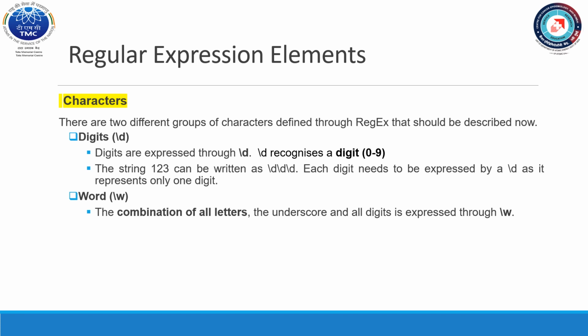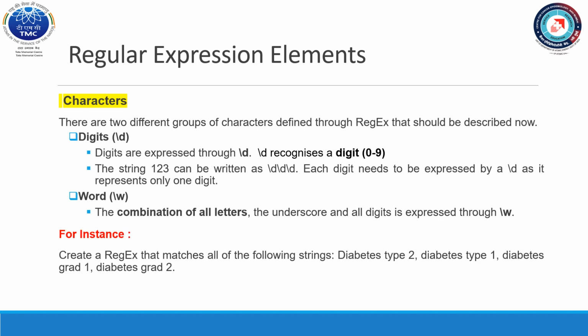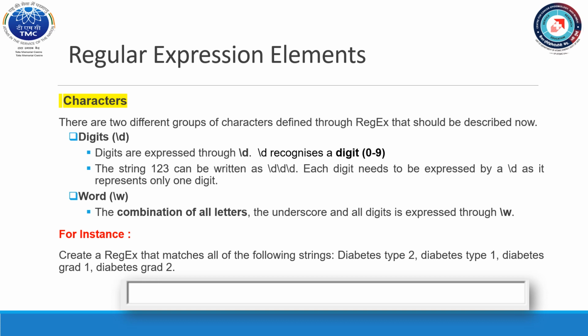The combination of all letters, the underscore and all digits is expressed through \w. For example, create a regular expression that matches all of the following strings: diabetes type 2, diabetes type 1, diabetes grade 1, diabetes grade 2.